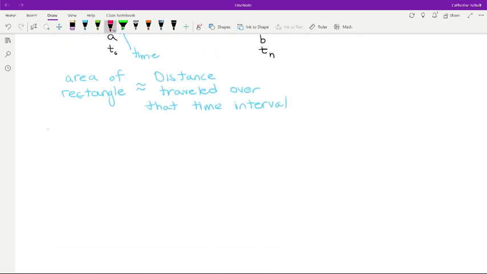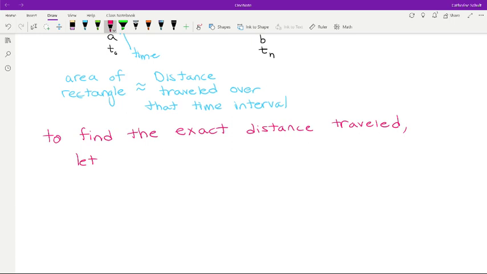So to find the exact distance, what do we have to do to those rectangles? We have to have infinitely many. So let's let our n go off towards infinity.